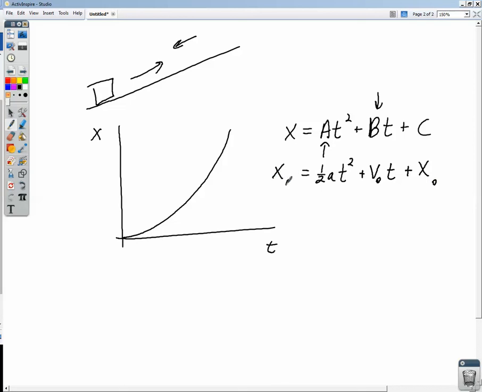So we put x final in here, and this gives us a function that will find the position of a particle at any time t that's undergoing constant acceleration. Again, it only works when acceleration is constant.